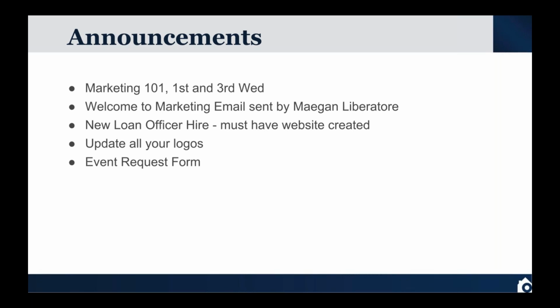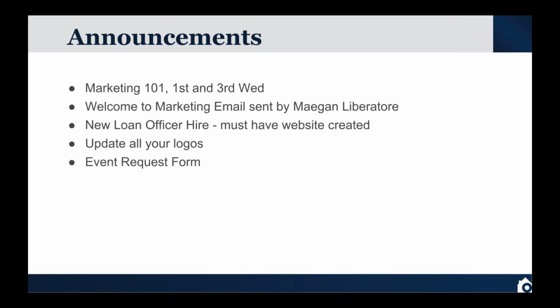Fill out this form if you need any collateral, or I believe any promotional items like pins, and I think a banner as well. So if you need a banner with an updated logo, I believe you can fill out this event request form, and this is located in the forms tab, correct?